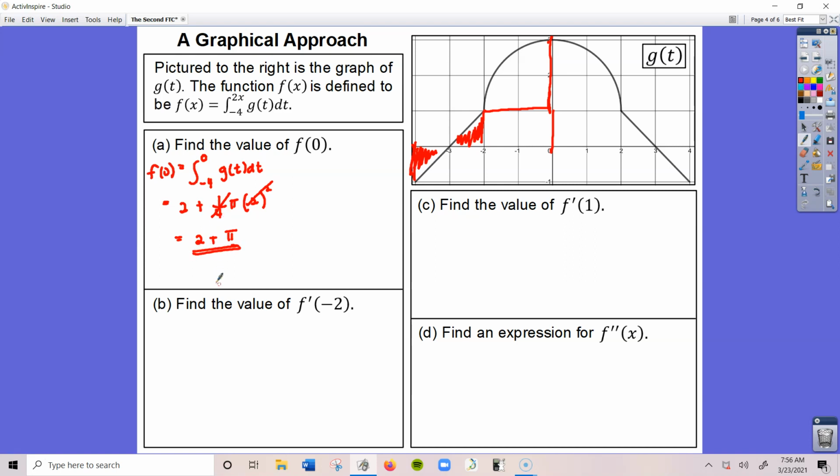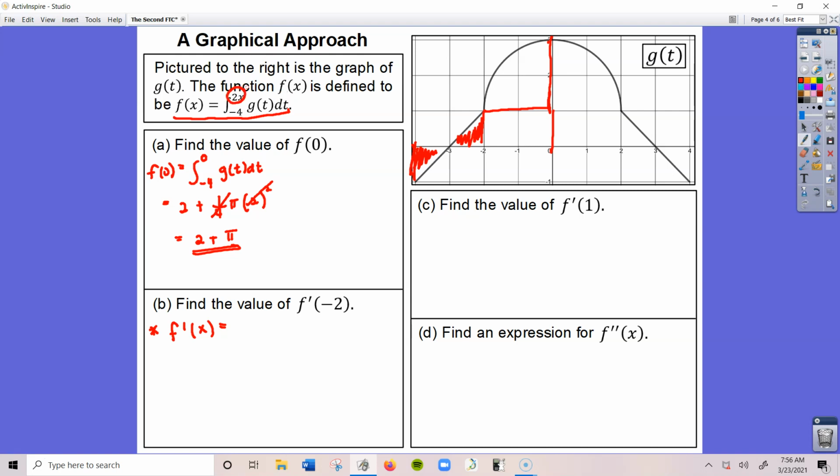Now let's find the value of f prime of negative 2. In order to find any derivative value for a number, you first need the general equation for f prime. So f prime of x is going to equal, now I'm looking over here, this is the second fundamental theorem.